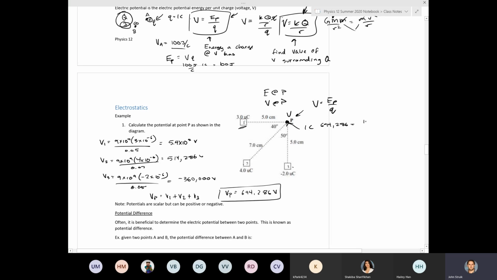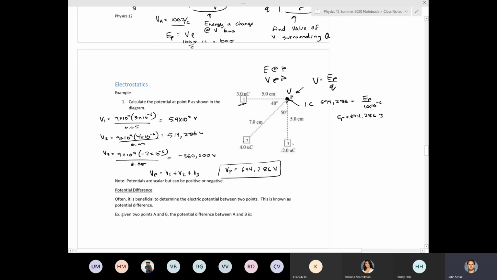And if I had a charge of 1 coulomb at that point, then there would be 694,286 joules of energy at that point. That charge would have that much energy. Obviously, charges are much smaller than 1 coulomb, so it wouldn't be that high. Let's say this is 1 times 10 to the negative 6. Well, then you would have 0.69 joules of energy. So it's not quite as high.